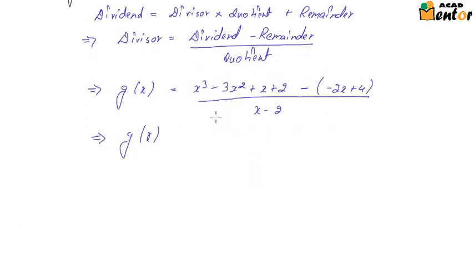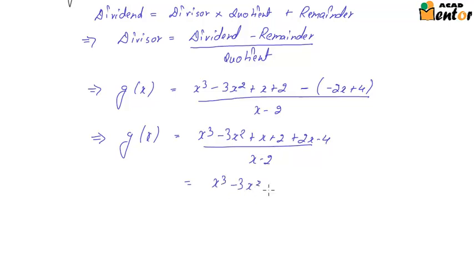Let's simplify this term. So this becomes x cube minus 3x square plus x plus 2 plus 2x minus 4 divided by x minus 2, or x cube minus 3x square, x plus 2x would be 3x, and 2 minus 4 would be minus 2, divided by x minus 2.